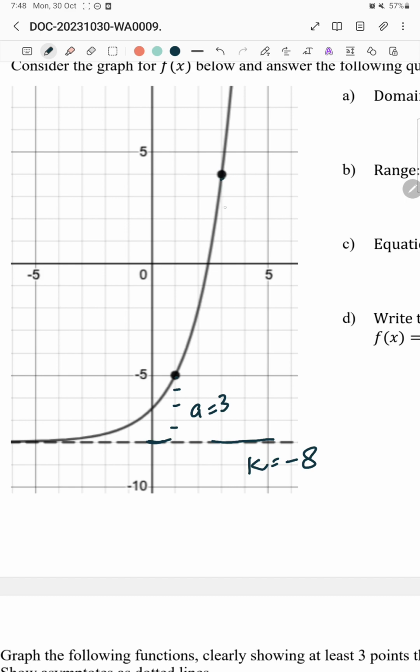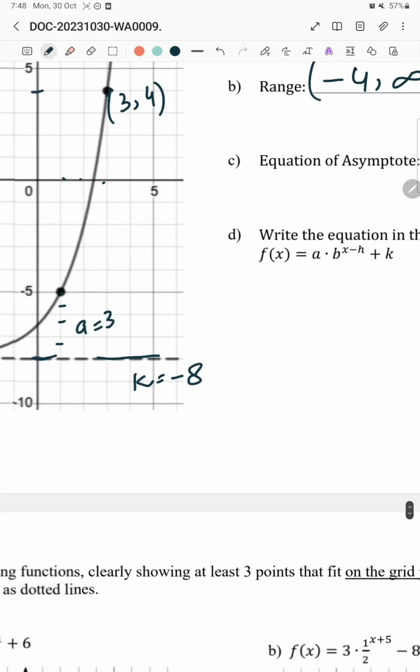This point is 1, 2, 3, 3, 4. So let's put it down.